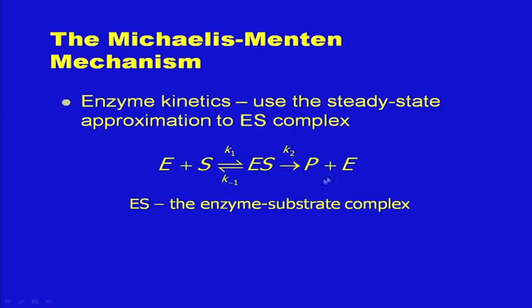That means we should apply the steady state approximation to this intermediate complex, that is ES. So, we apply the steady state condition for ES, find the concentration of ES, and then use it further for finding the overall rate of reaction and the rate constant.